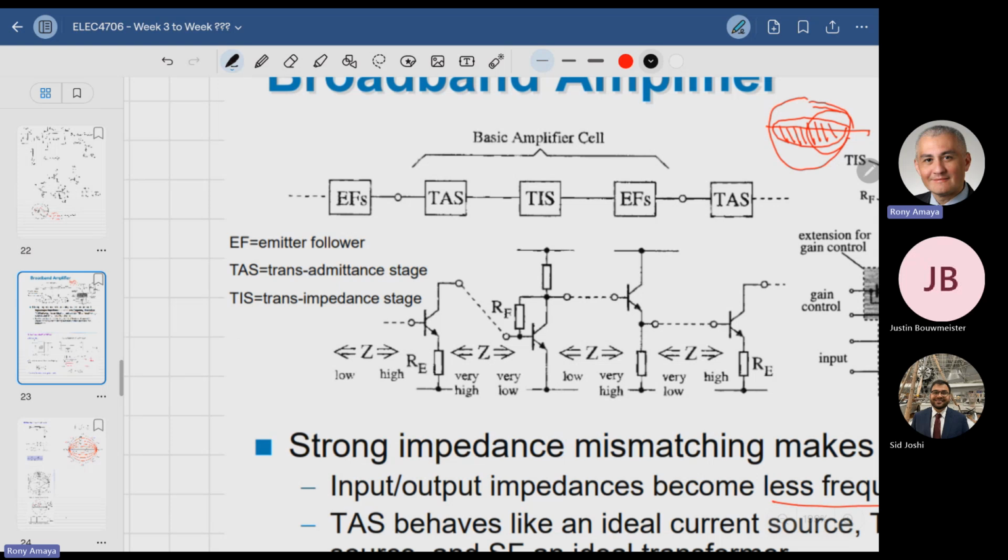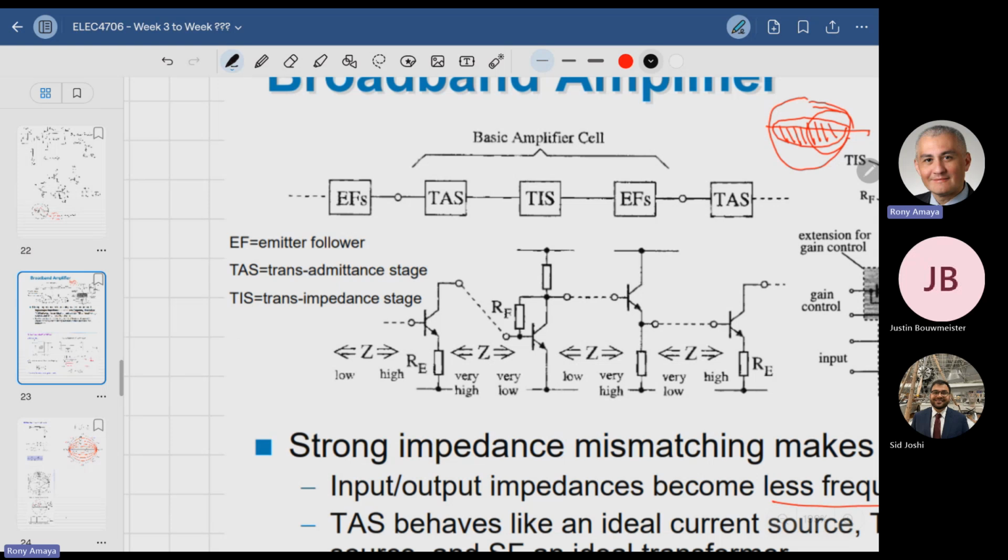Emitter follower, as you said, is the same as a common collector, right? So you're basically just AC shorting a collector, and you have an emitter follower. And then after the emitter follower, you now have a feedback amplifier, which is effectively a transadmittance, and then you have a transimpedance section on the next section as well.